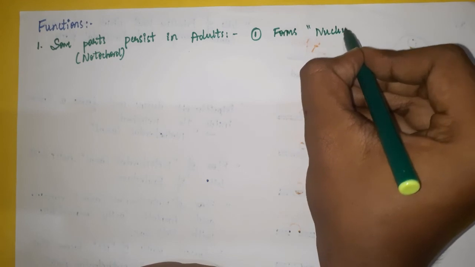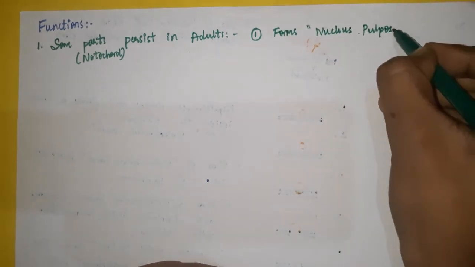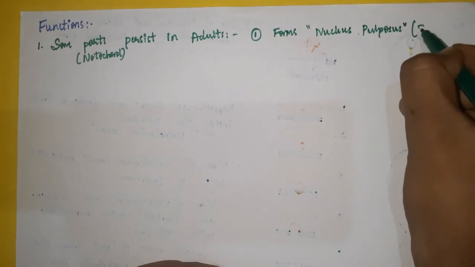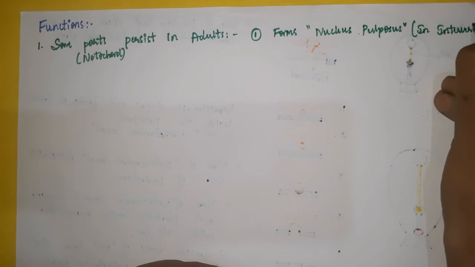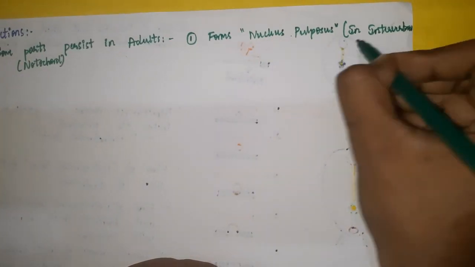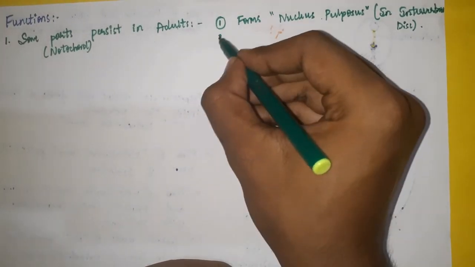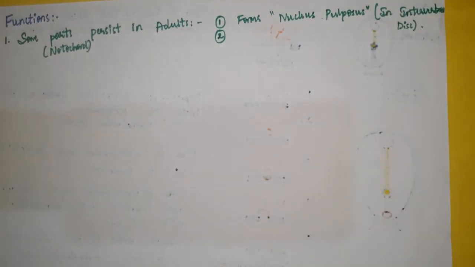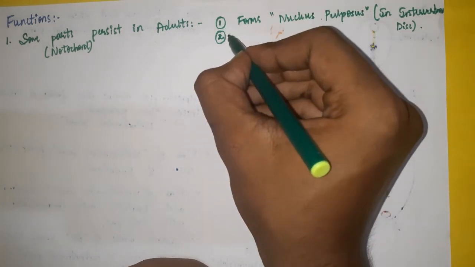Nucleus pulposus. Where is it present? In the intervertebral disc. Okay, this is one. And second, it forms the apical ligament of dens of axis vertebra. Axis vertebra means C2, second cervical vertebra.